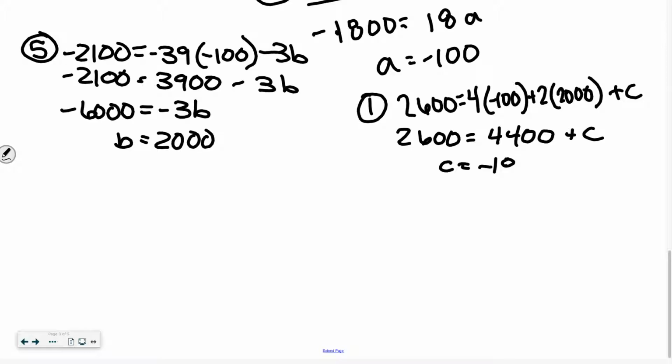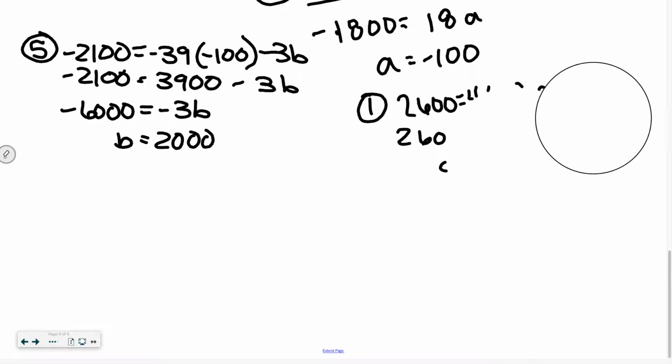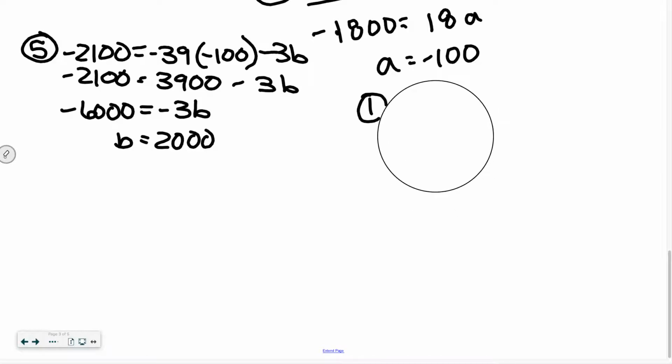Negative 1800. Oh wait, that's a negative 400, isn't it? Oh gosh, that was a big eraser. Sorry.